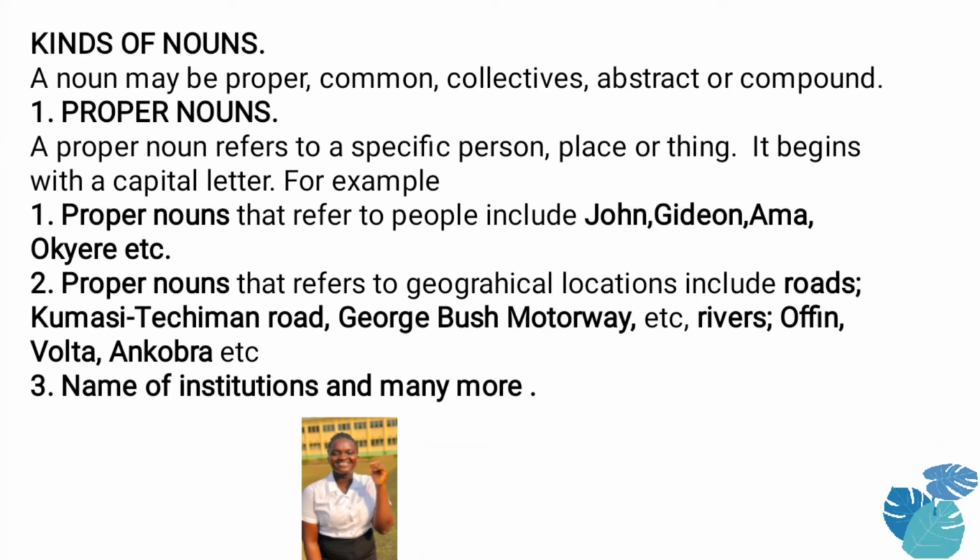Two, proper nouns that refer to geographical locations include roads, such as Kumasi Techiman Road, George Bush Motorway, and rivers, such as Ofin River, Volta River, etc. Three, names of institutions and many more. But learners, please take note that proper nouns begin with a capital letter.